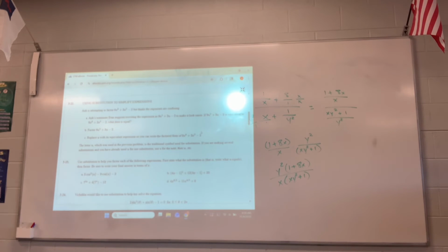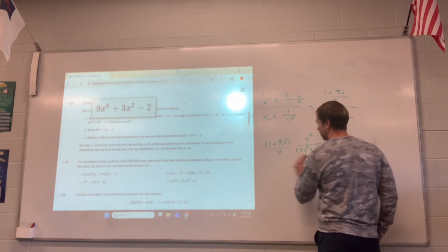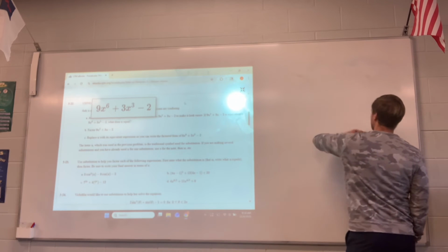All right, so let's look at this. 22 says this, using substitution to simplify expressions. Okay, so what do they mean, right? So we have someone attempting to factor this, but they think the exponents are confusing. Why would the exponents be confusing if they're trying to factor?